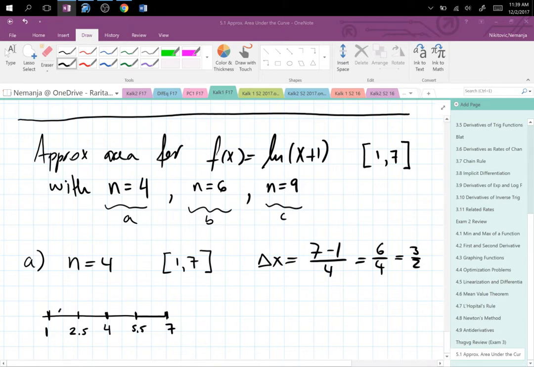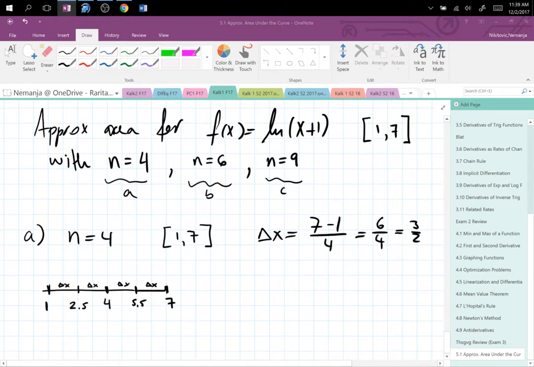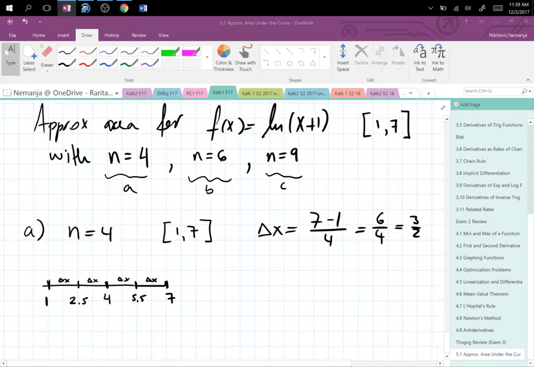Each one of these has a delta x in between, which is 1.5, 3 halves. So now the left areas are going to be 3 halves times the left values. These are the 4 lefts.